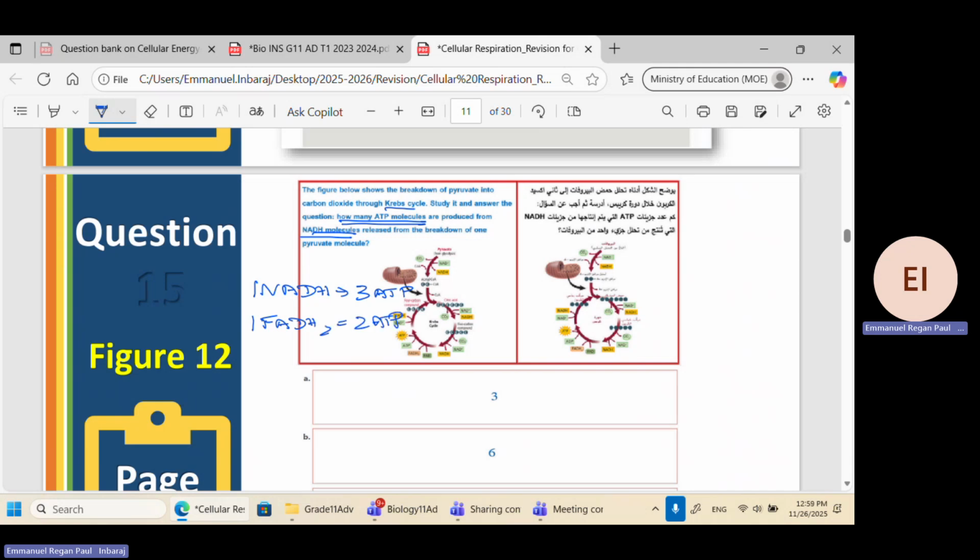This you need to memorize. Don't forget, one NADH gives 3 ATP, and one FADH2 gives 2 ATP. This is very important. So according to this, they say one NADH molecule, how many do they produce?